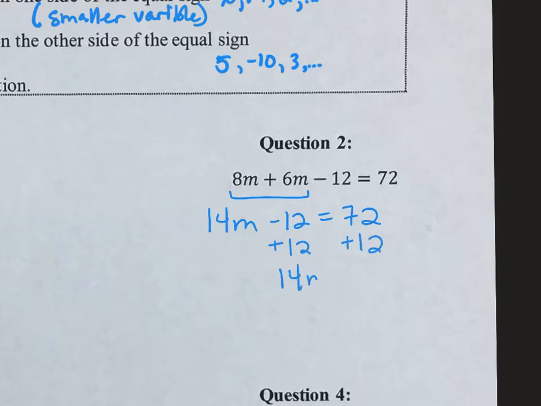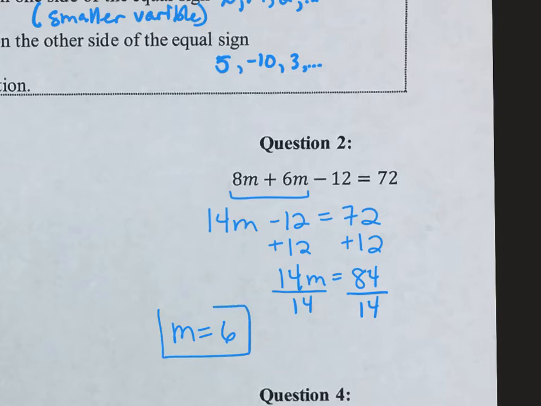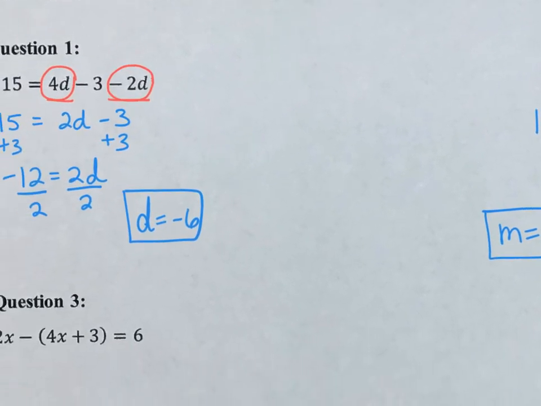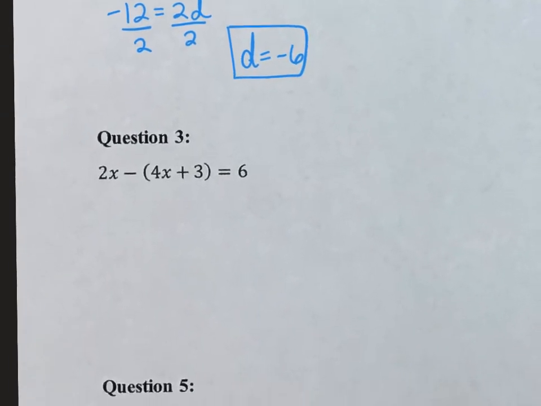I'm left with 14m equals 84. 14 times m, inverse is divided by 14, and we're left with m equals 6.